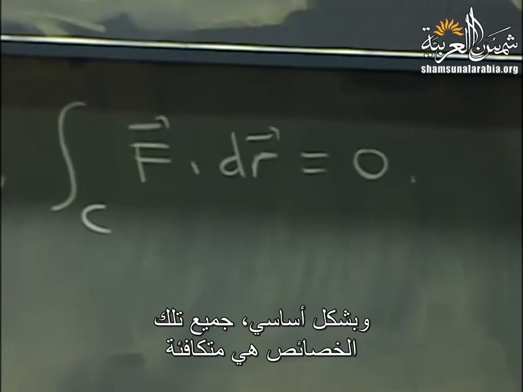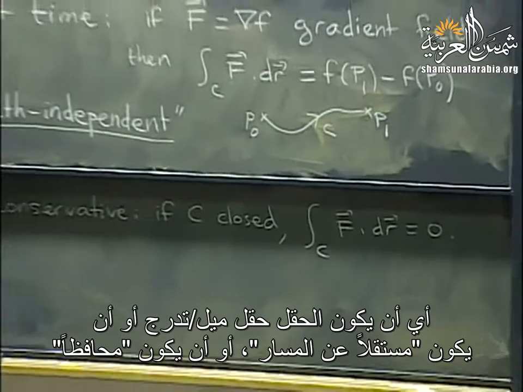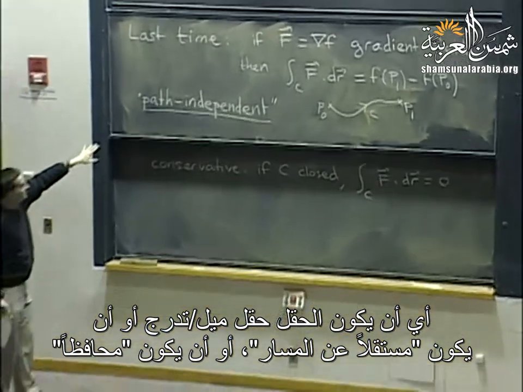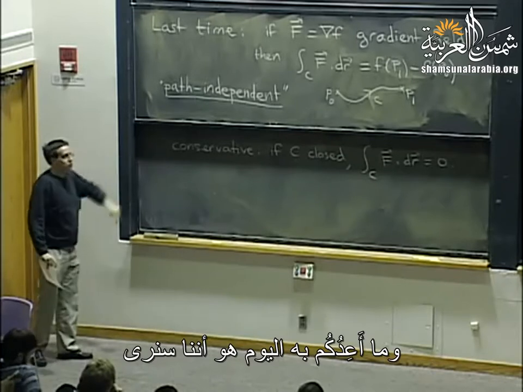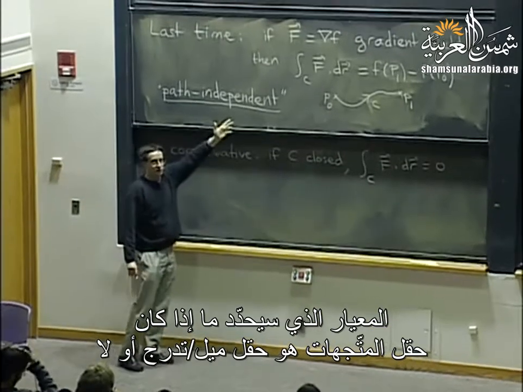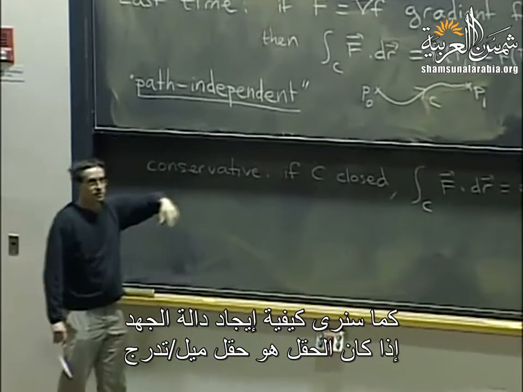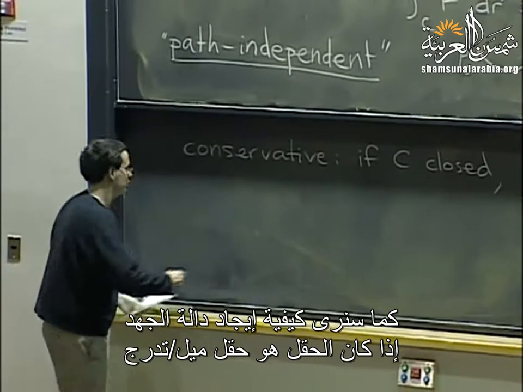Basically, we say that these properties are equivalent: being a gradient field, being path independent, or being conservative. And what I promised to you is that today we would see a criterion to decide whether a vector field is a gradient field or not, and how to find the potential function if it is a gradient field. Okay, so that's the topic for today.